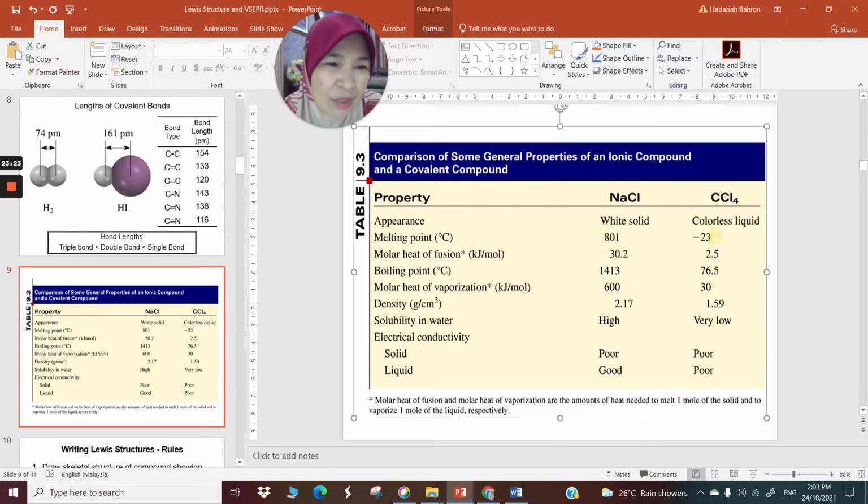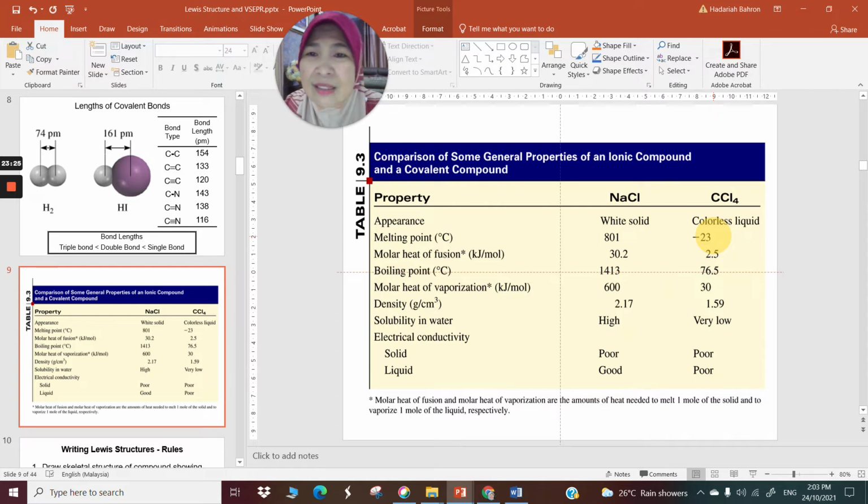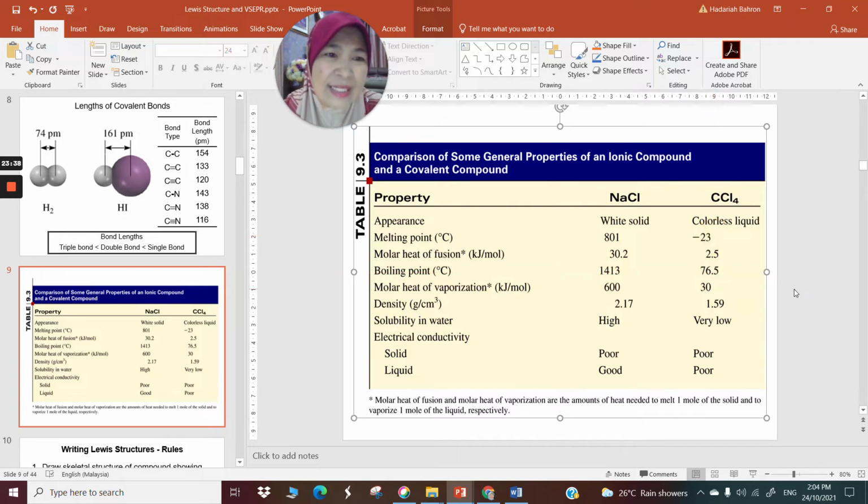However, CCl4, being covalent, has a much lower melting point. It has a melting point of minus 23 degrees Celsius, which is a lot lower than our room temperature. That is why you have CCl4 present in liquid state at ambient conditions.